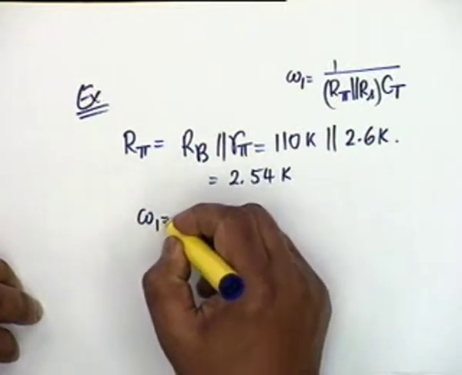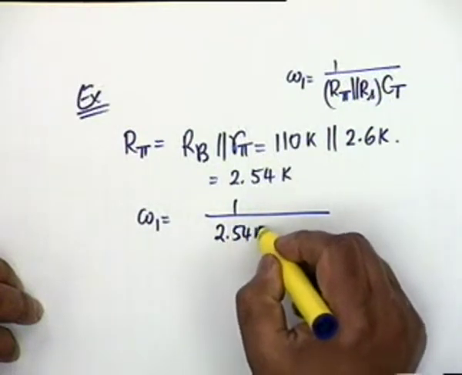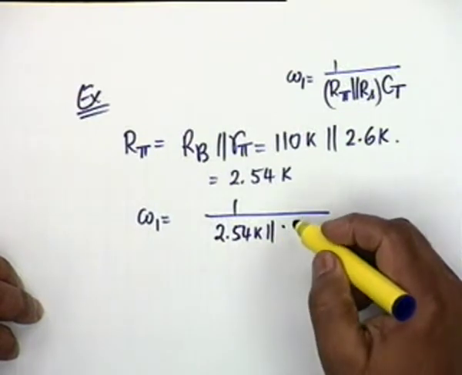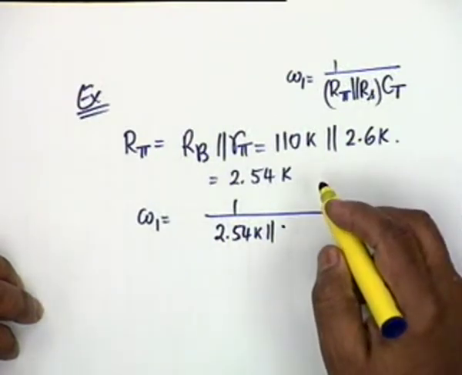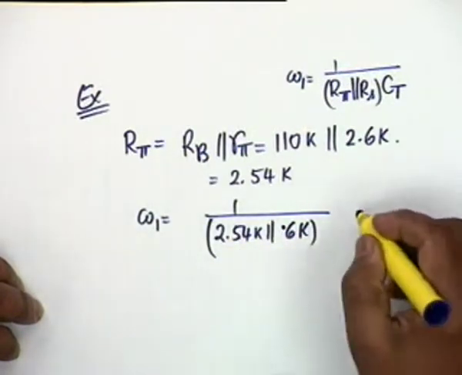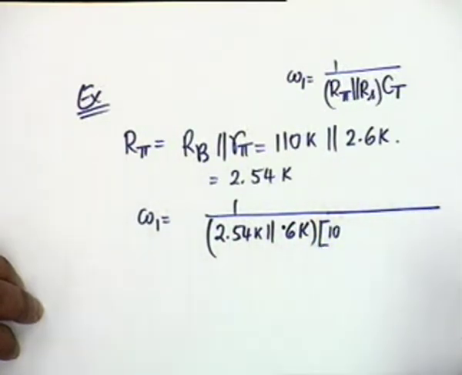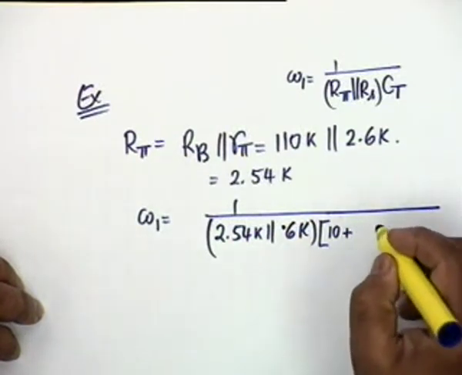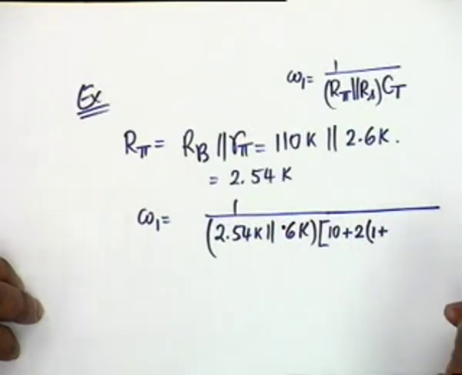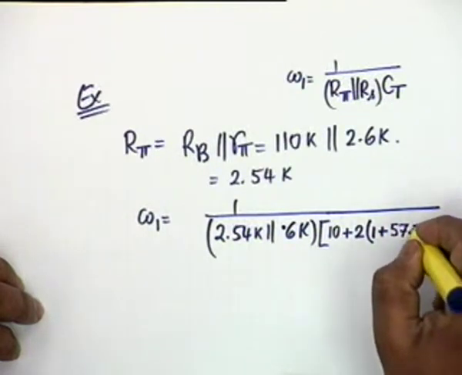So, omega 1 is equal to 1 over 2.54K parallel Rs. What was Rs? 600 ohms, that is what we took Rs. So, 0.6K, multiplied by now Ct. Ct is C pi 10 pF plus C mu, which was 2 pF, multiplied by 1 plus Gm RL prime, which was calculated earlier as 57.7.